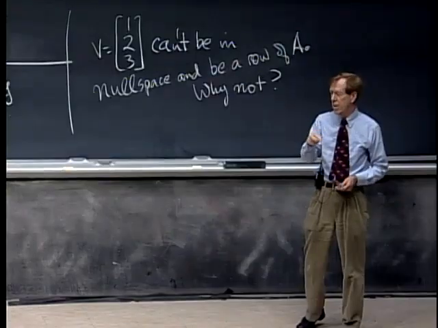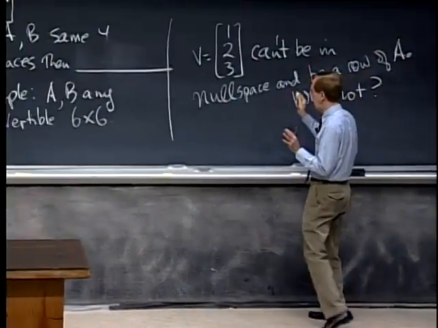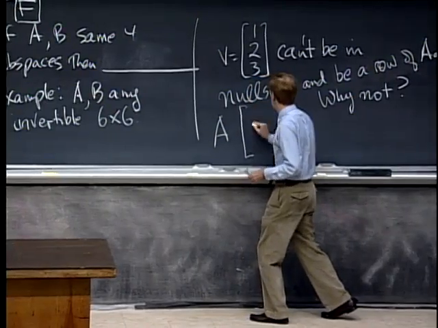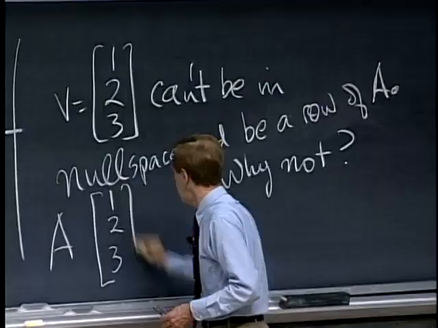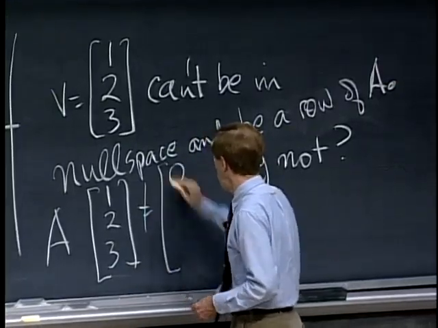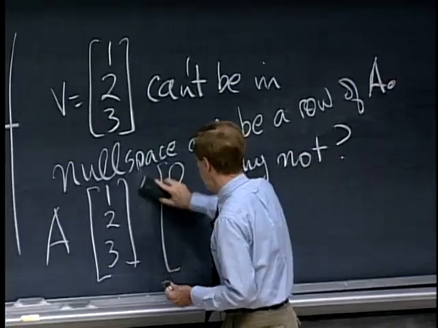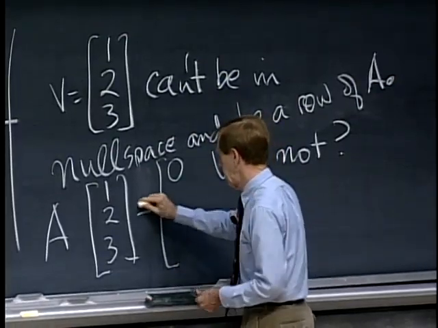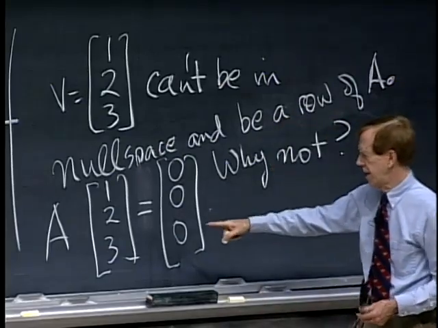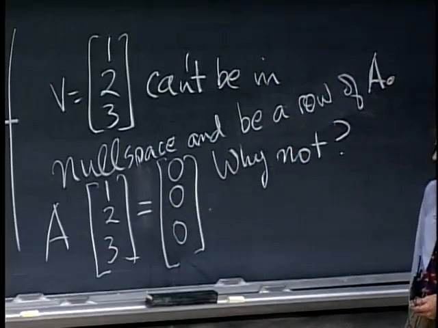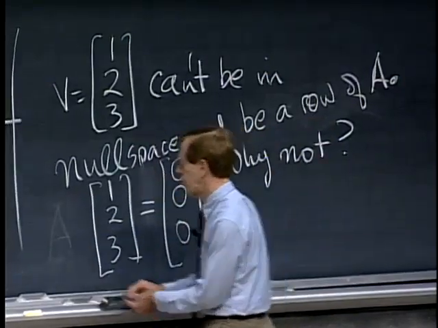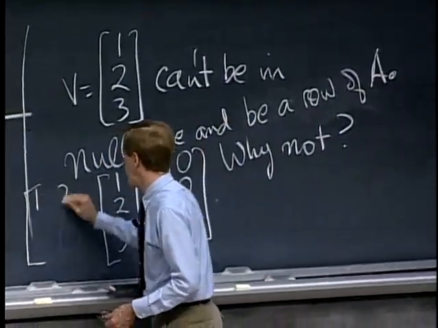So that's a new sort of idea. Let's just see what it would mean. I mean that A times this V. Why can't A times this V be 0? If it's 0, I'm getting it into the null space here. So now that vector is in the null space. Why can't the first row of the matrix be 1, 2, 3?